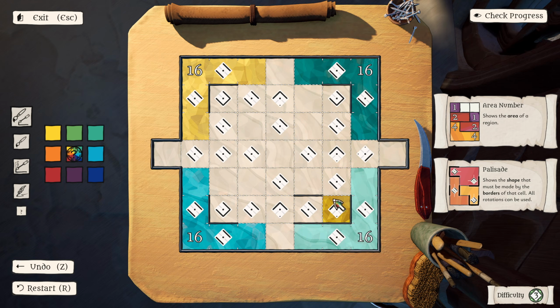So that probably means something. One of these has to turn, and one of these has to be straight. I just don't know which. This could be across like that.